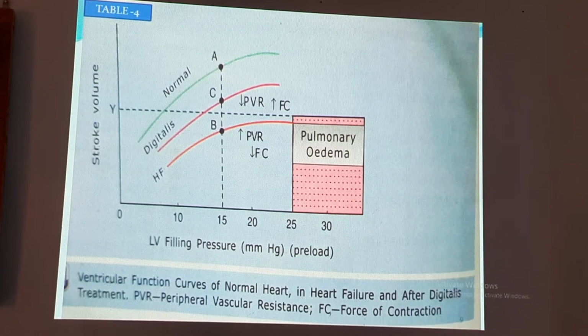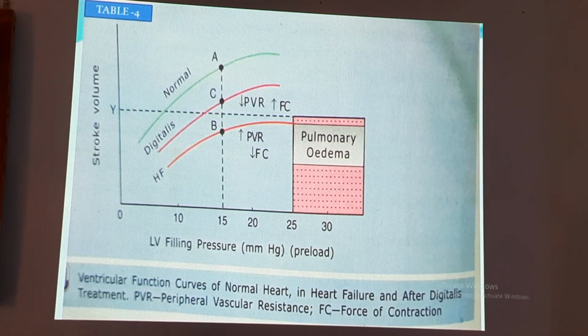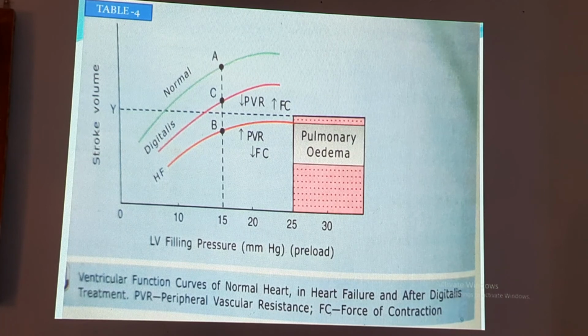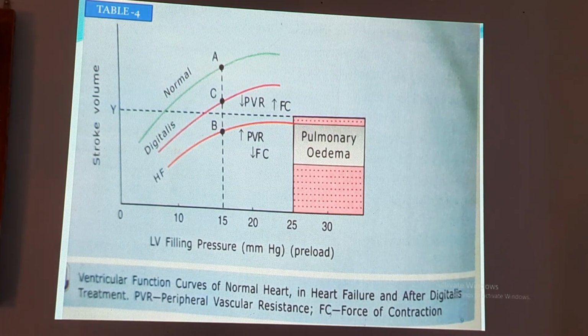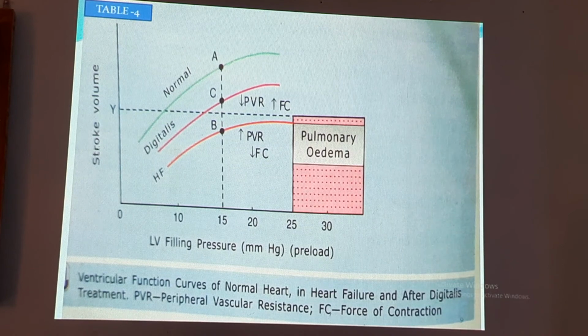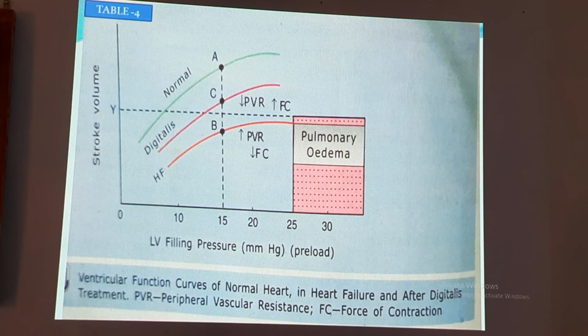On the y-axis, stroke volume is shown, while on the x-axis, the transverse axis, left ventricular filling pressure in millimeters of mercury, which represents preload, is shown. The normal heart is represented by a curve as shown in this diagram.